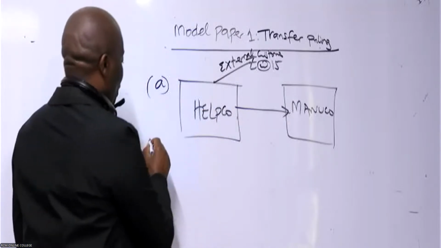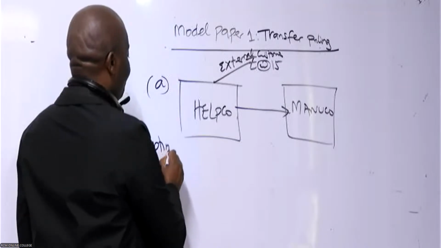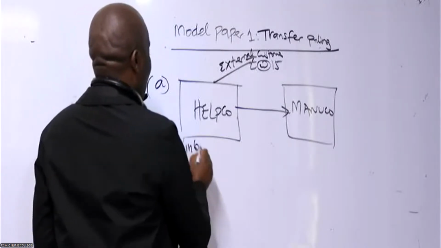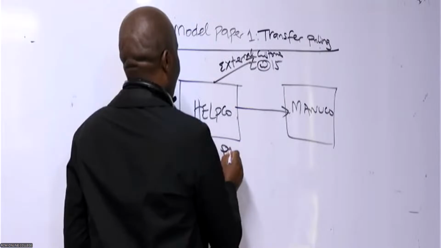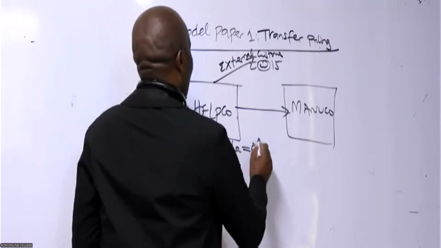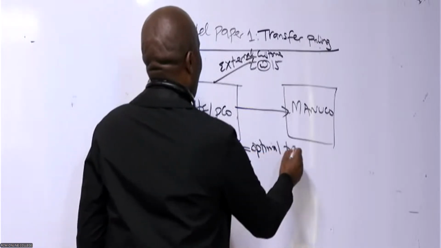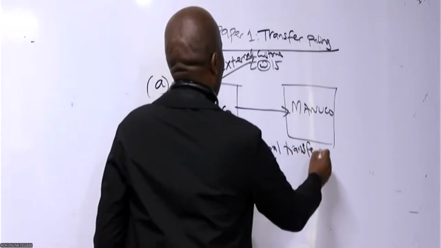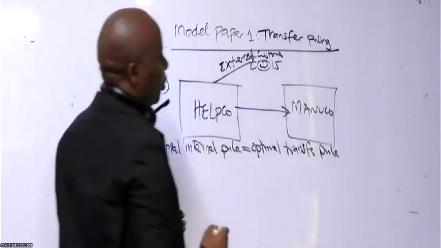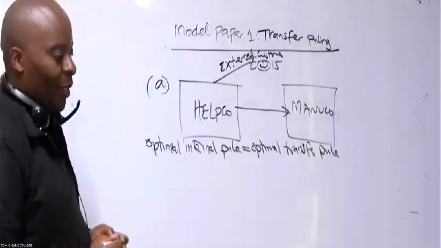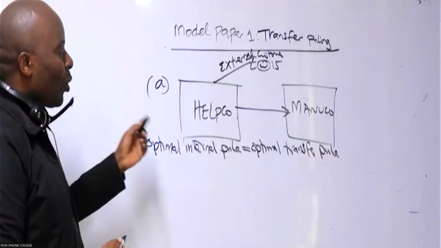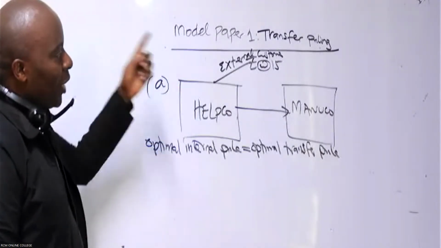So basically, they want us to give them the optimal internal price, what we call the optimal transfer price. So you see here, HelpCo is busy. It has external customers.